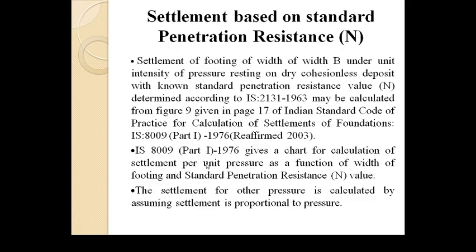So with respect to our width B of the footing in meter, we can calculate the settlement for unit pressure, and after that for any other pressure which is not equal to unit pressure, we can calculate the settlement from proportional to pressure method. The other graphical representations are for different N values such as 10, 15, 20, 25 and up to N is equal to 60.